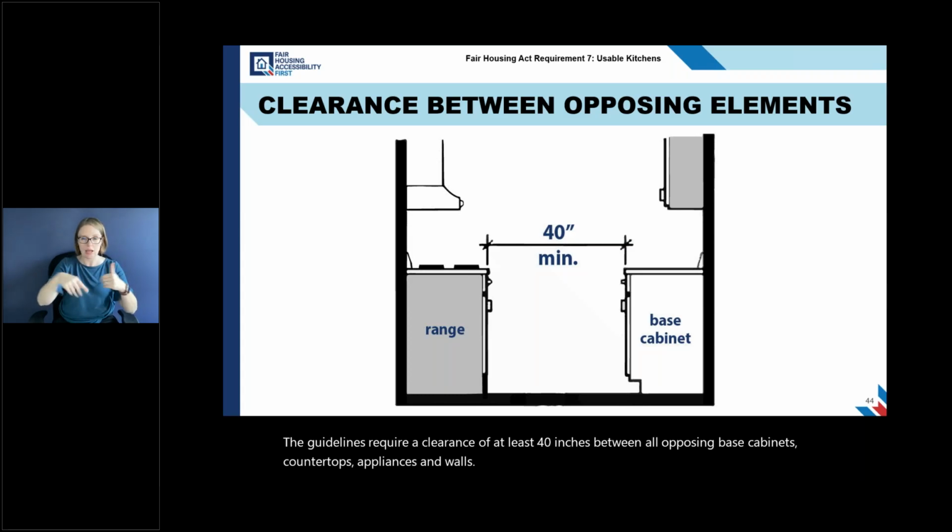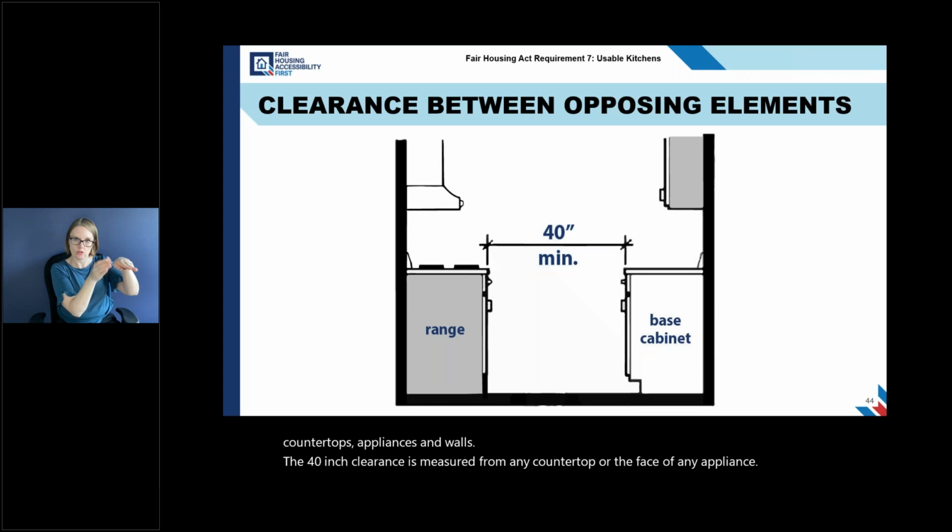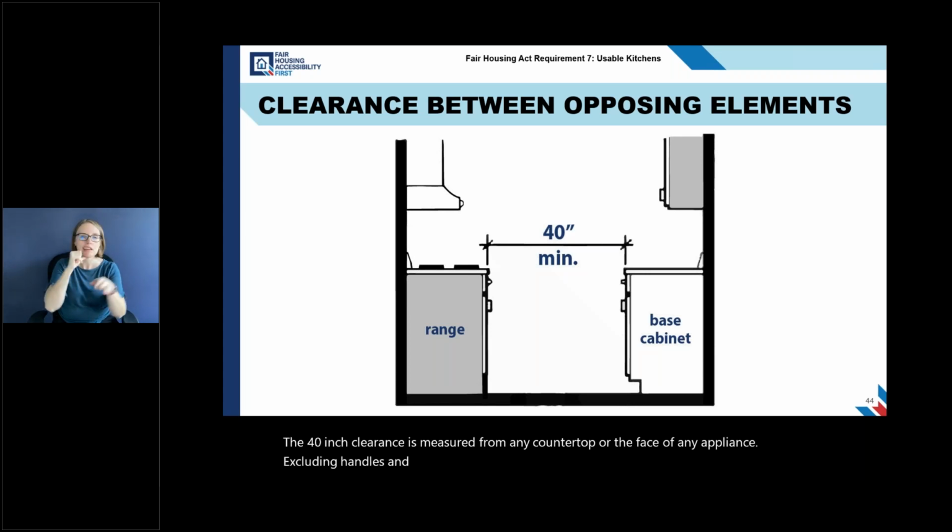The 40-inch clearance is measured from any countertop or the face of any appliance, excluding handles and controls, that projects into the kitchen to the opposing cabinet, countertop, appliance, or wall.